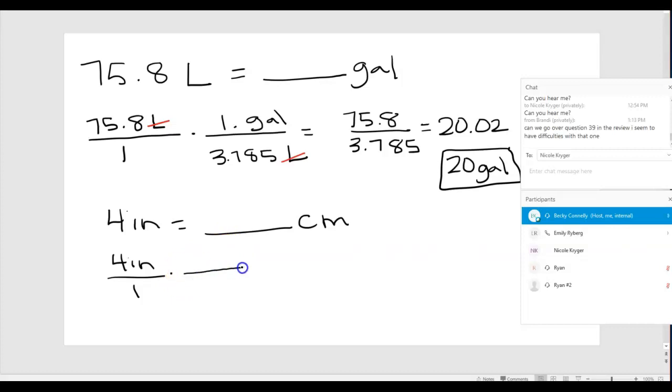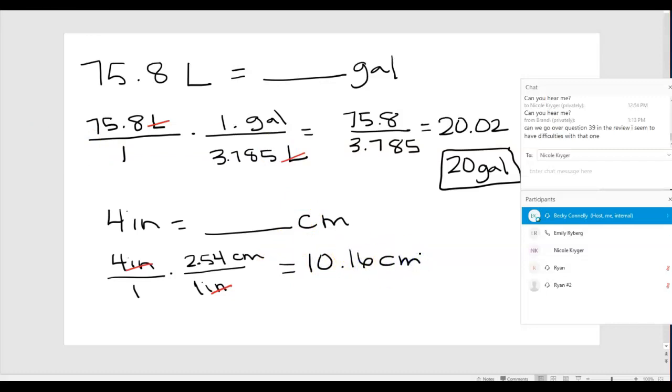Yep, because we always want to make sure that those labels will cancel out, right? You got inches on the top and inches on the bottom. So you got it set up right. And then just multiply them.